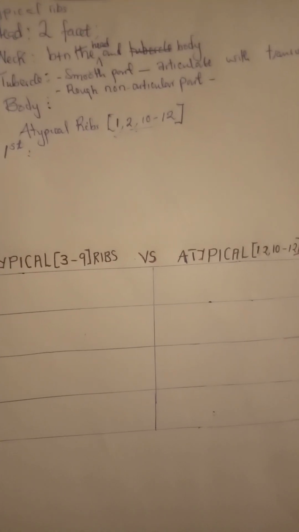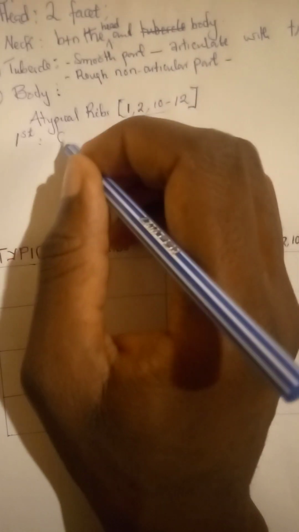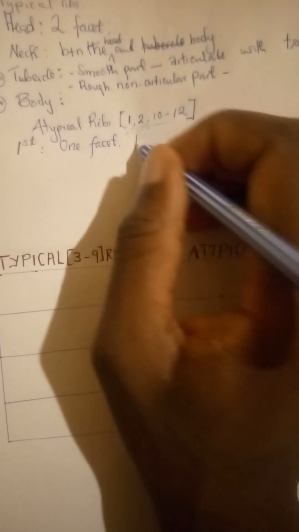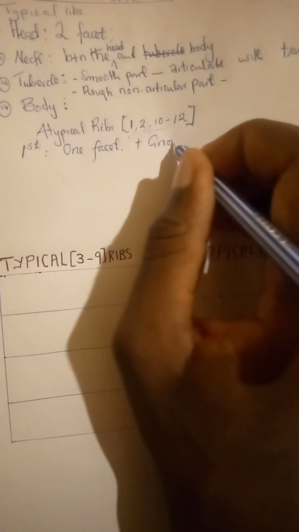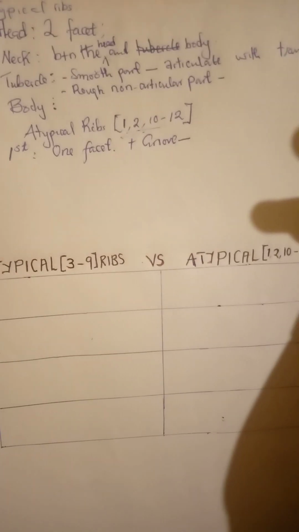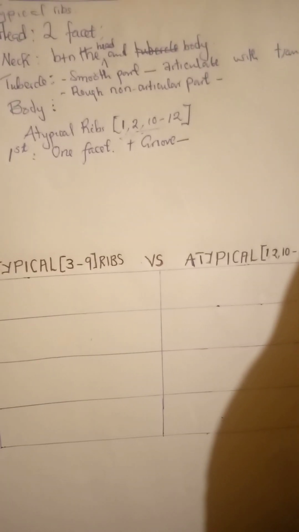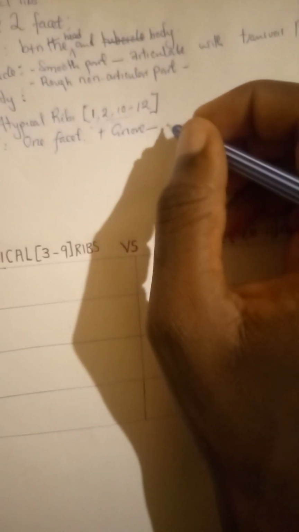This first rib also has a groove, so let me highlight what it has. It has one facet. Apart from that, it also has a groove, and basically this groove is for the subclavian vessels.